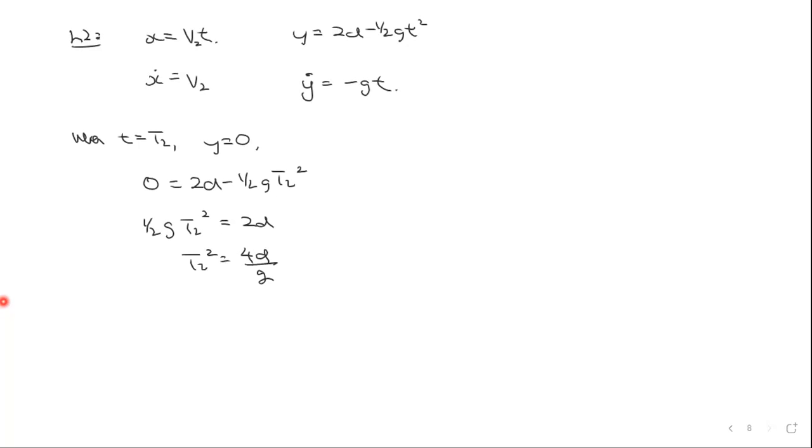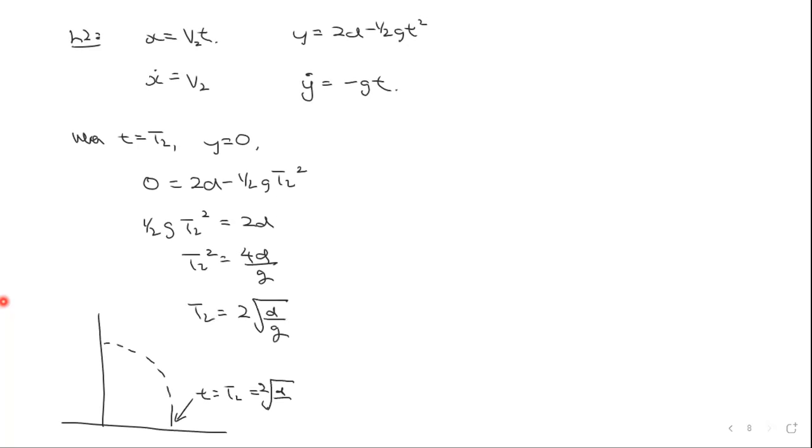So t2 must equal 2 root d over g. This is the time when the leak lands.